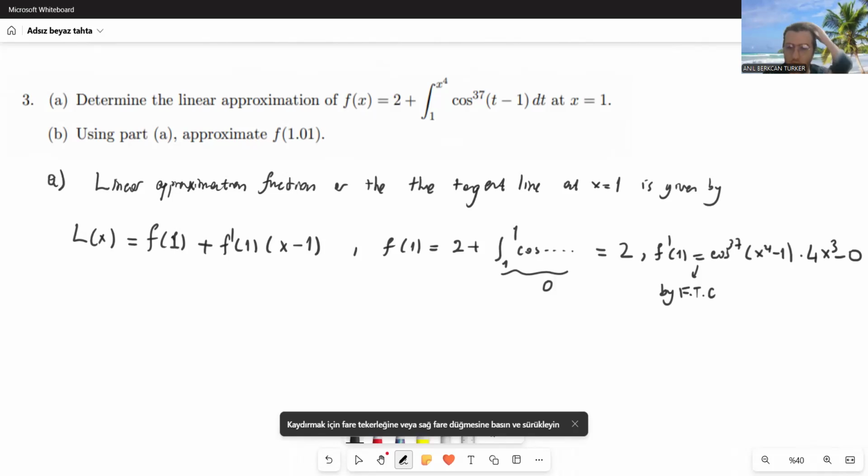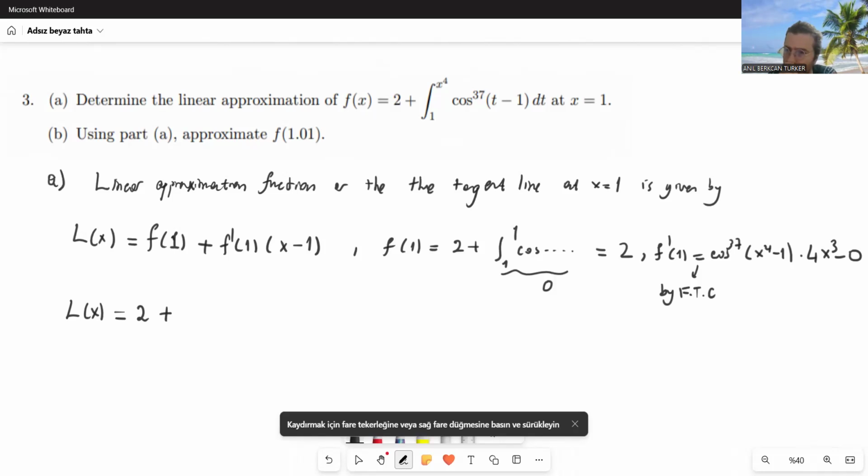So that's okay. Now, if you put the values back in this linear approximation function, or tangent line, L(x) is then given by 2 plus f prime, okay, we need to also evaluate at 1, right?